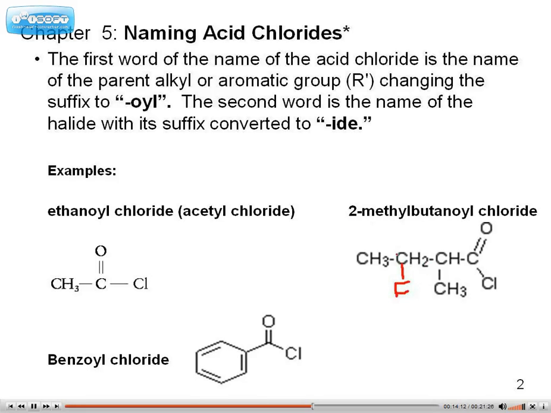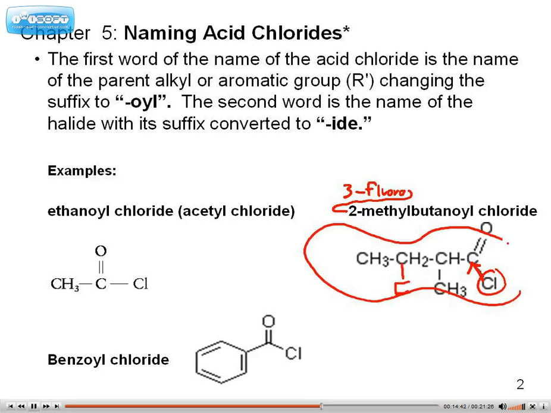Then the new name for this one would be 3-fluoro-2-methylbutanoyl chloride. Keep in mind, it can only be an acid chloride if the chlorine is directly attached to the carbon. Now, short of something like this, I'm not going to get any trickier.